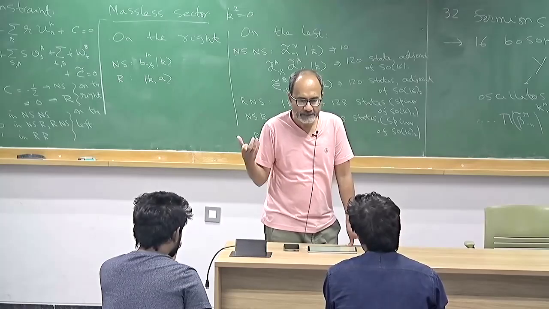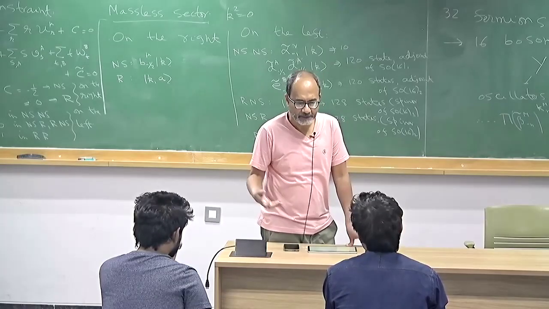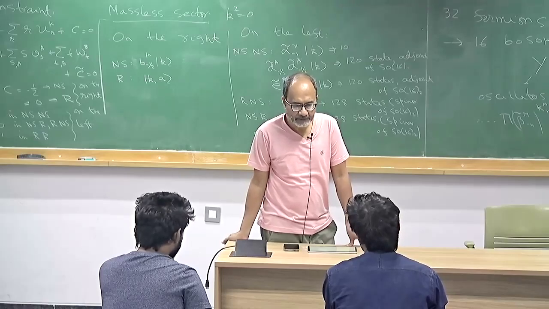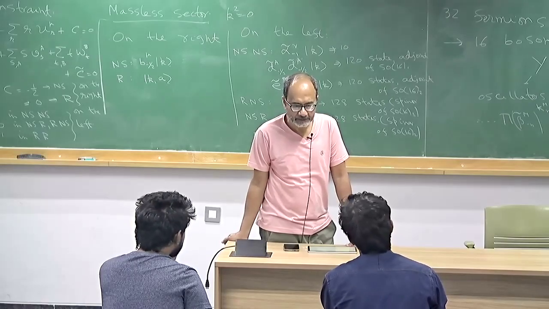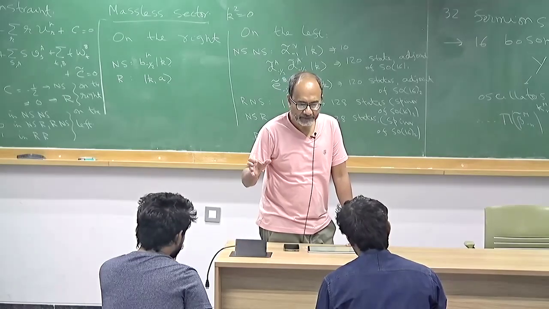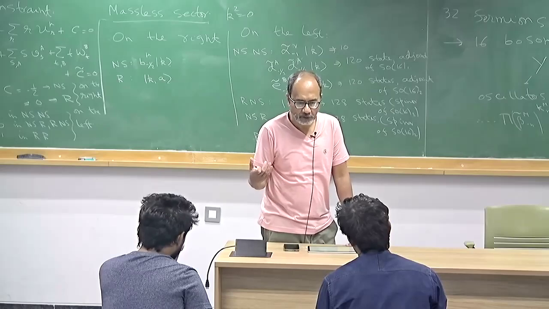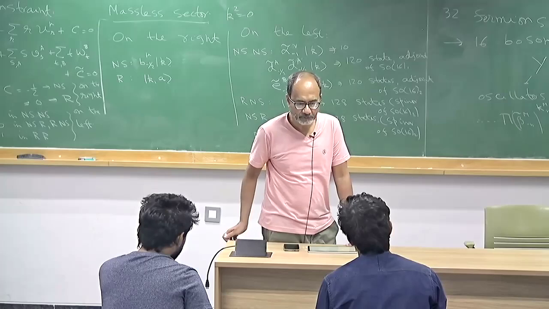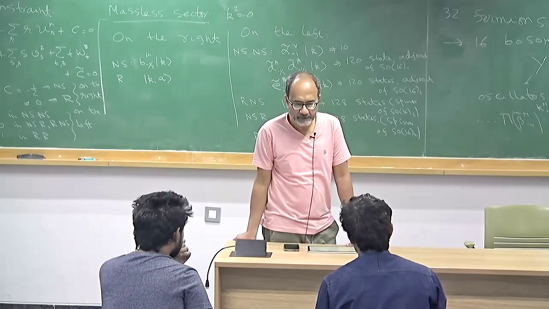If you try to bosonize the psi mu's, then the Lorentz invariance will get messed up. That's why you don't try to bosonize the non-compact part. But once you compactify, then the associated fermions, people can bosonize, and you can write things in terms of the bosonic theories.